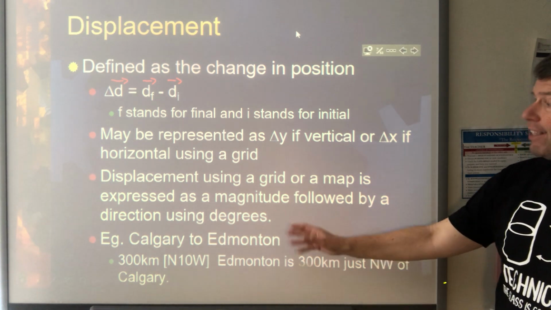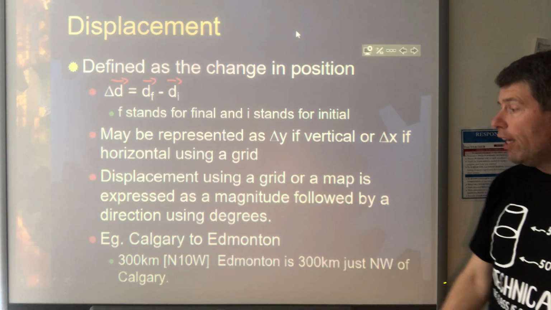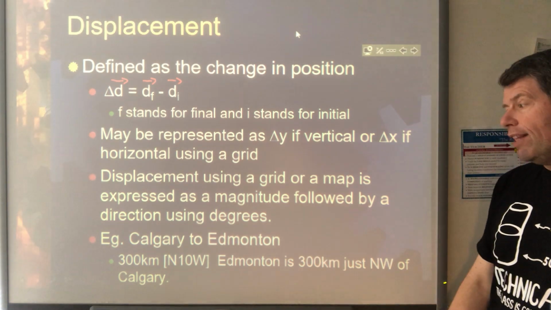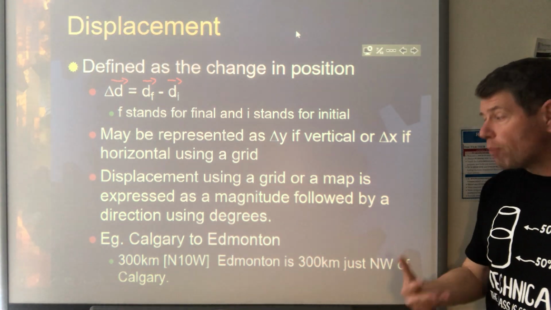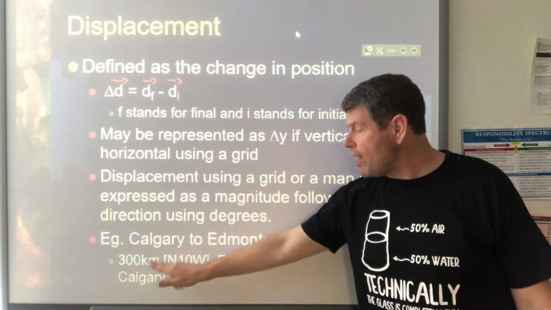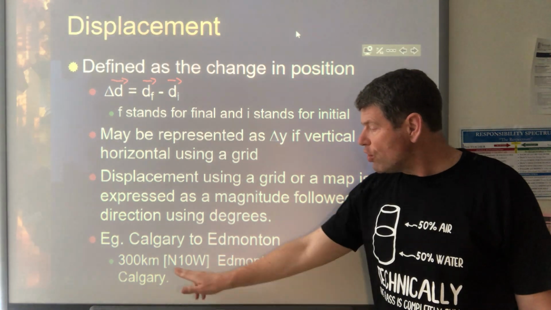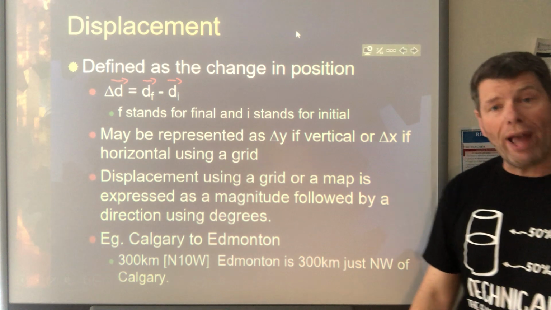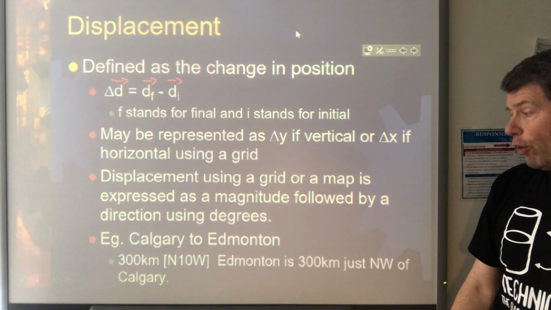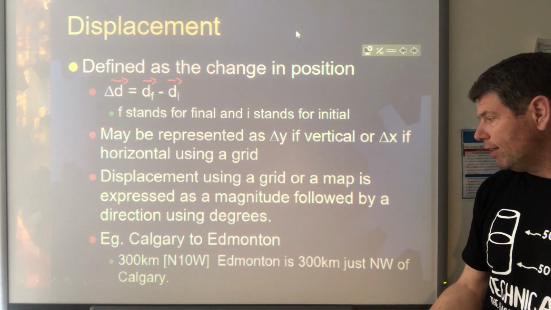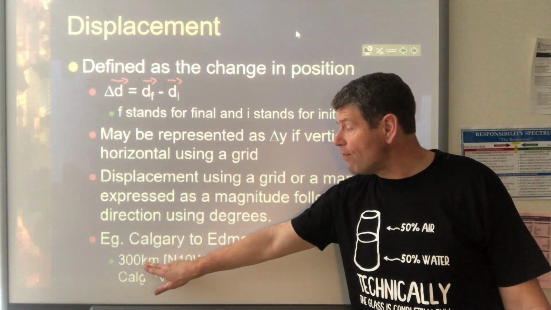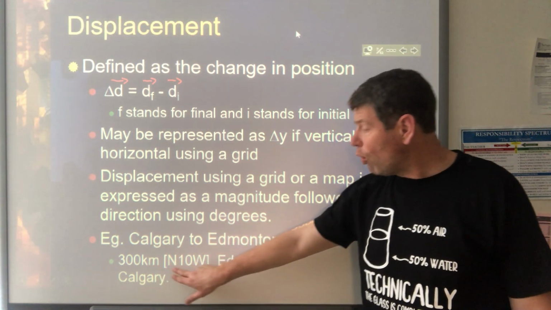One way we might state displacement, for example, if you said you were traveling from Calgary to Edmonton and you wanted the displacement, you could express it as 300 kilometers north 10 west. So that would be 10 degrees northwest of Calgary if we used a compass reading. All right, so this is definitely a displacement because it's giving a value, a magnitude with direction.